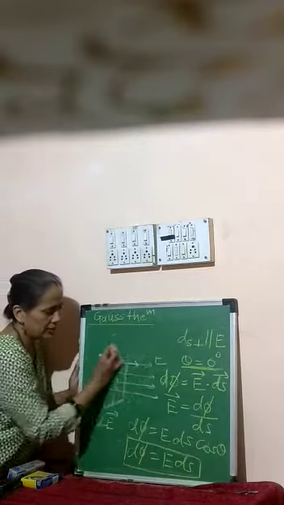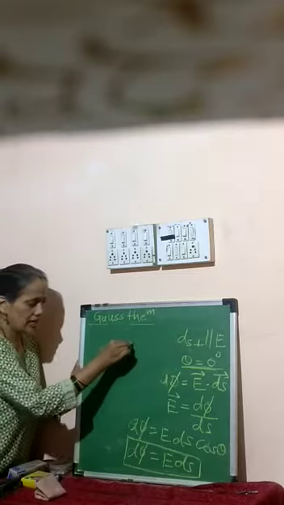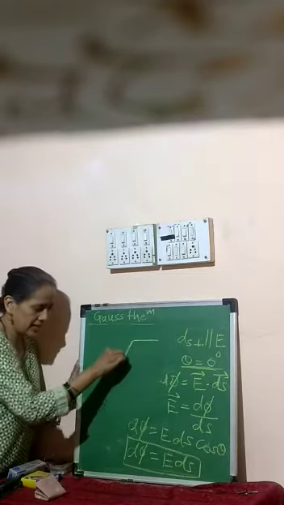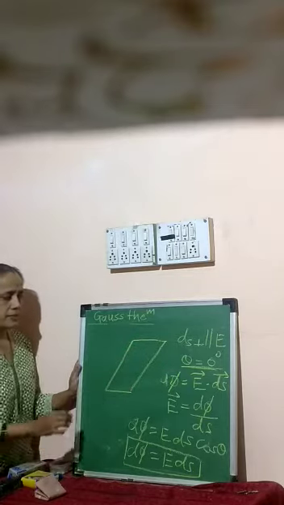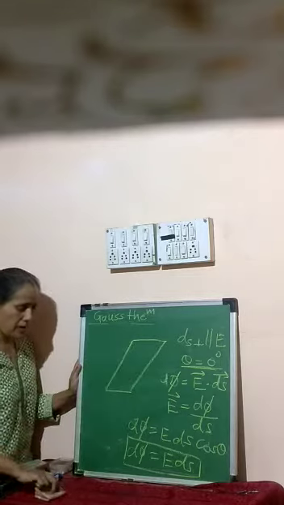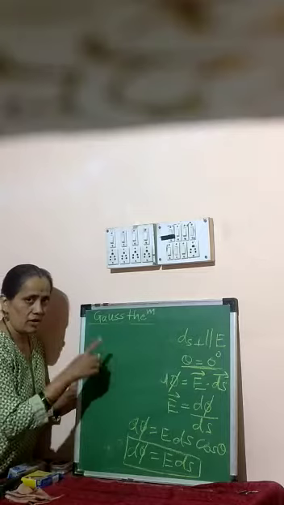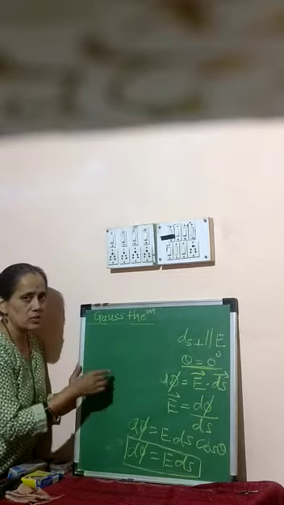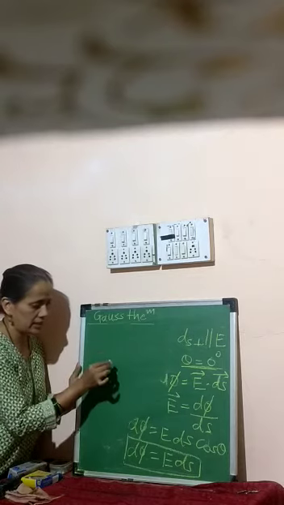In that other condition, your surface area ds is slightly tilted in this manner. Then I have to draw the component of ds which is exactly perpendicular to the direction of electric intensity.